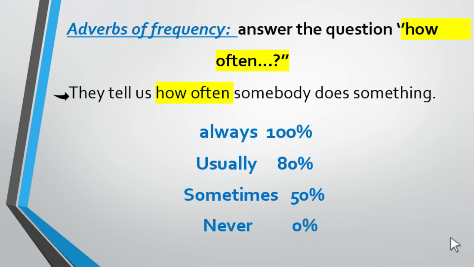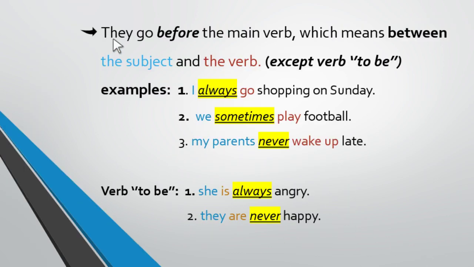All right. Another rule, they go before. So an adverb of frequency goes before the main verb. Normally in a sentence, we have subject plus verb plus object, right? So here we're going to separate the subject and the verb and put the adverb of frequency right in between them. They go before the main verb, which means between the subject and the verb.